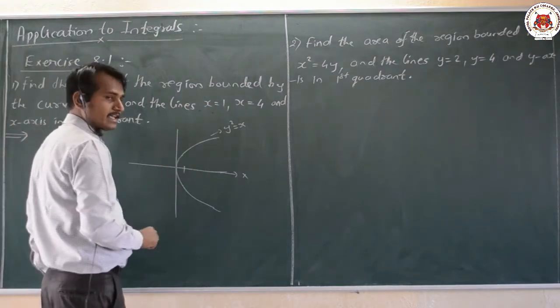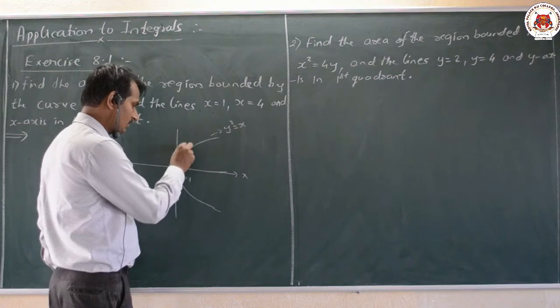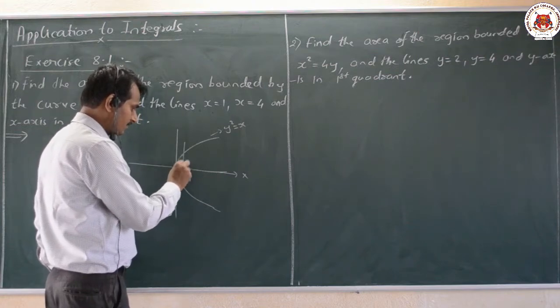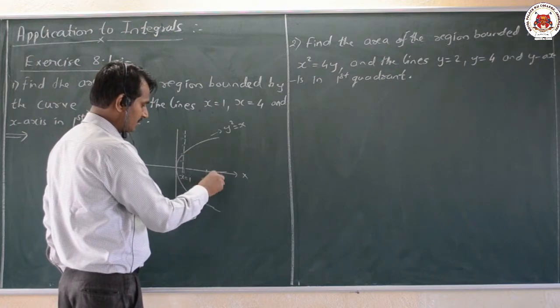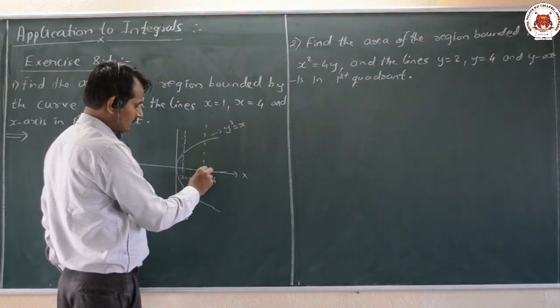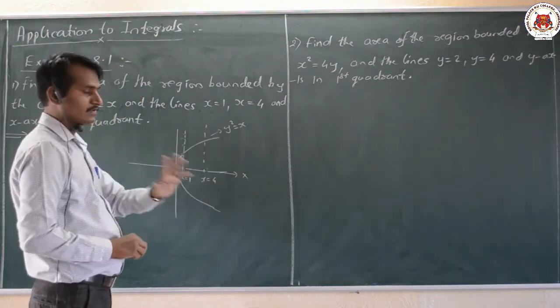Let us take this point as x equal to 1, and here x equal to 4. These are the lines x equal to 1 and x equal to 4.